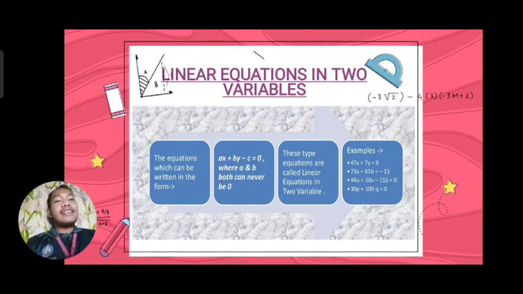So those are the examples of linear equations in two variables. As you notice, it is very obvious that those examples are in two variables, because there is an x and y, those are two variables, and so on and so forth. Next, let's proceed.